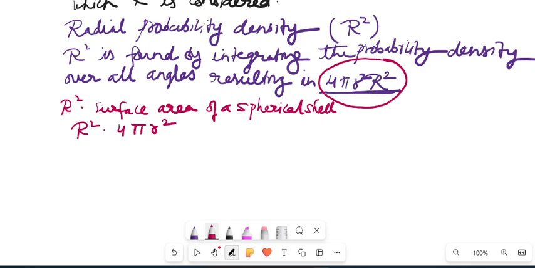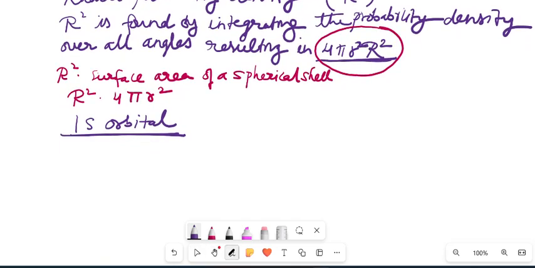First of all, we will see the 1s orbital of the hydrogen atom. This is the ground state of the hydrogen atom.